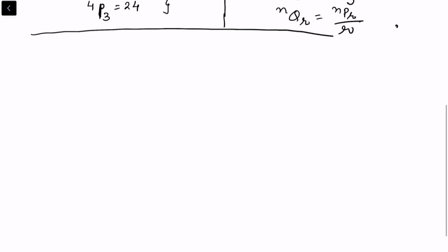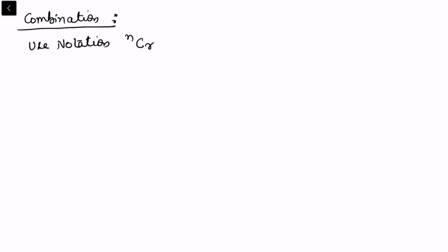If I extend the same example to combination, I use the notation C, so NCR, where N is the number of objects and R is the number of selected objects.